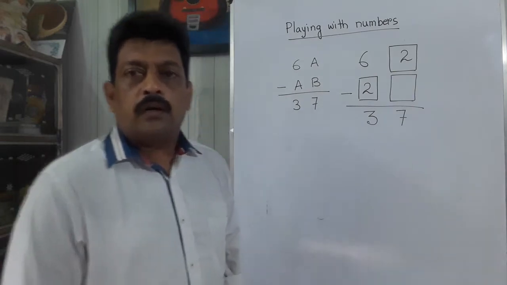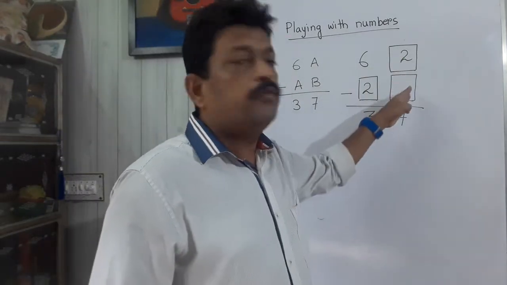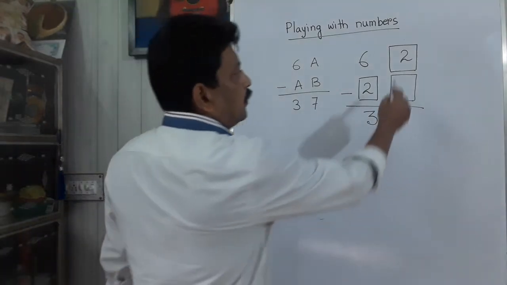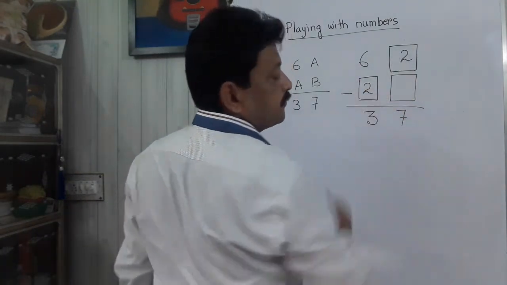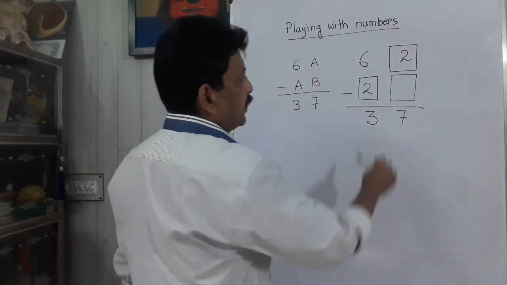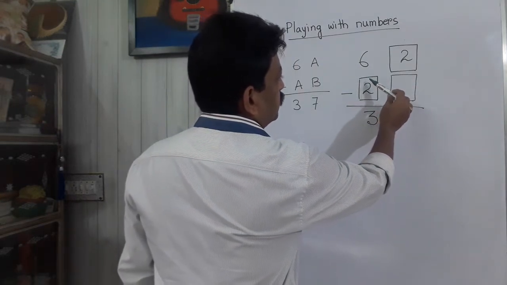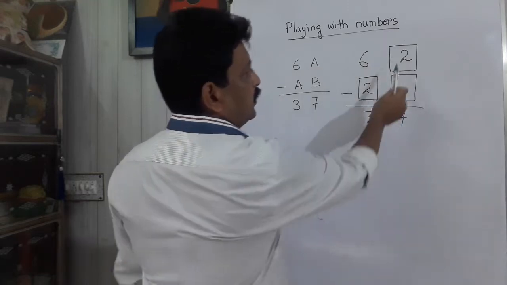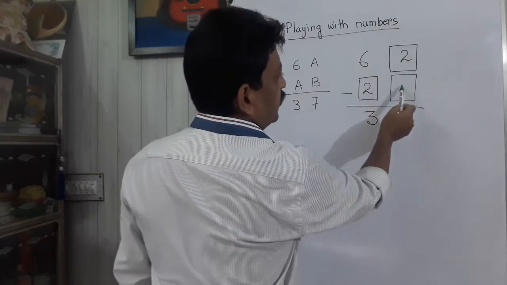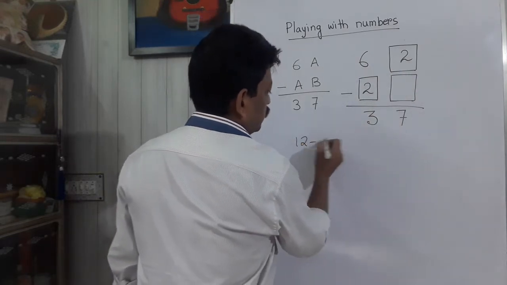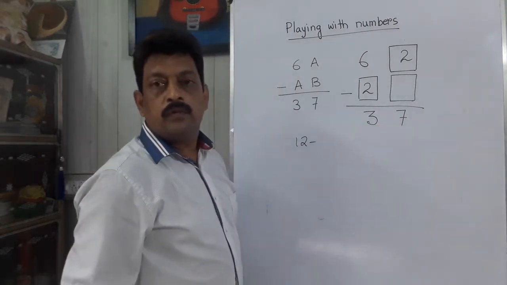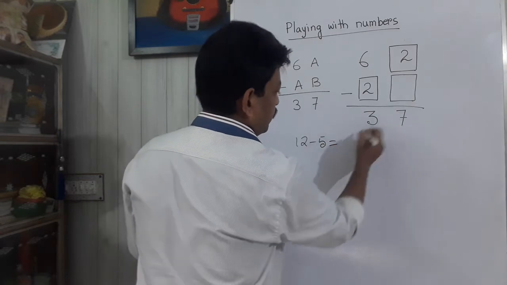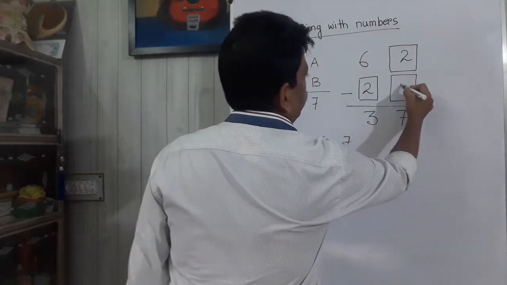So 2 cannot work, because if any number is subtracted from 2, we will never get 7. So let me consider this as 12 by borrowing 1 from this number. So if this is 12, then 12 minus which number gives 7? 12 minus 5 gives 7. So here it will be 5.